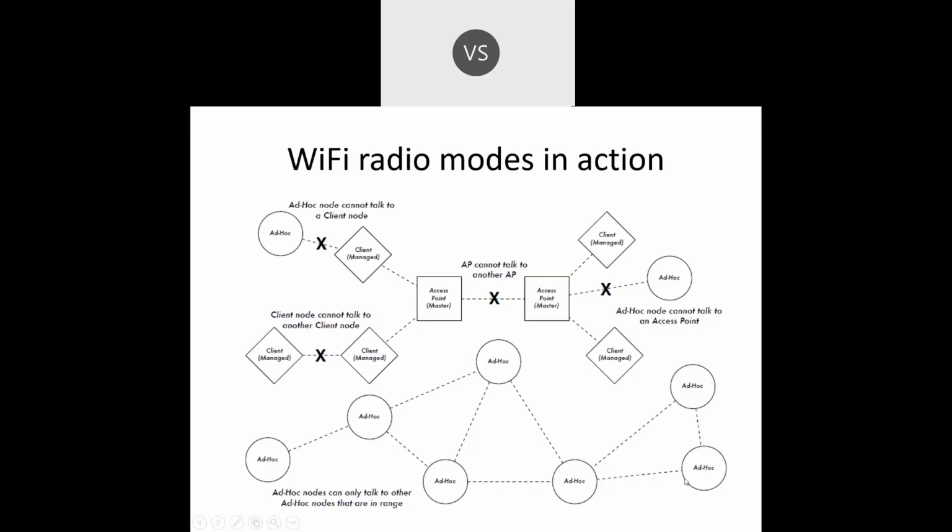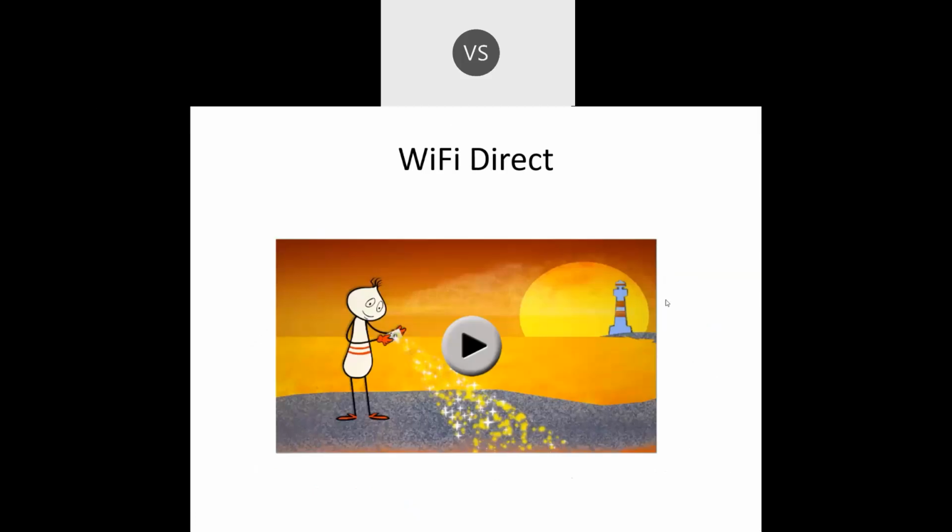Next, what I'm going to start. Yes, so coming back to our discussion. Okay, so this is the thing that we are discussing, what are the wireless or wireless fidelity modes in action.